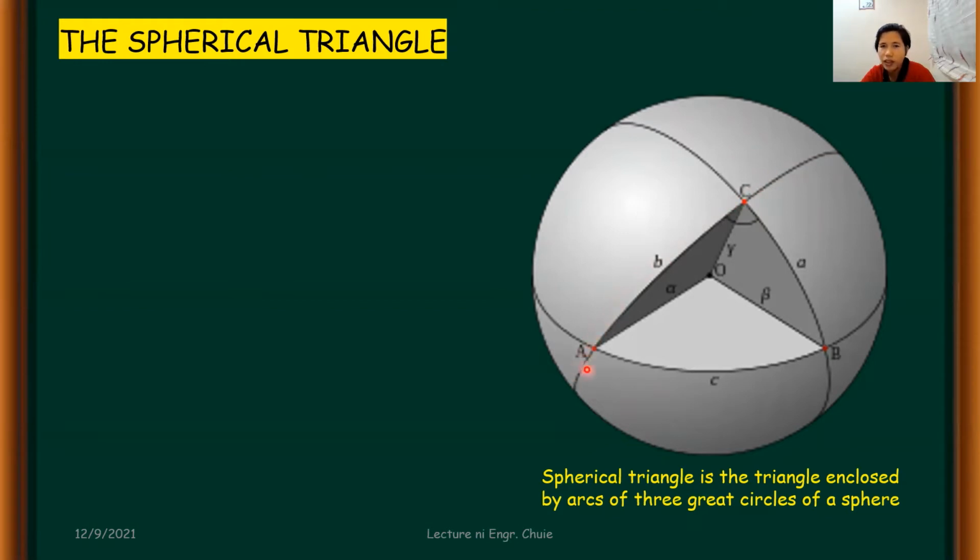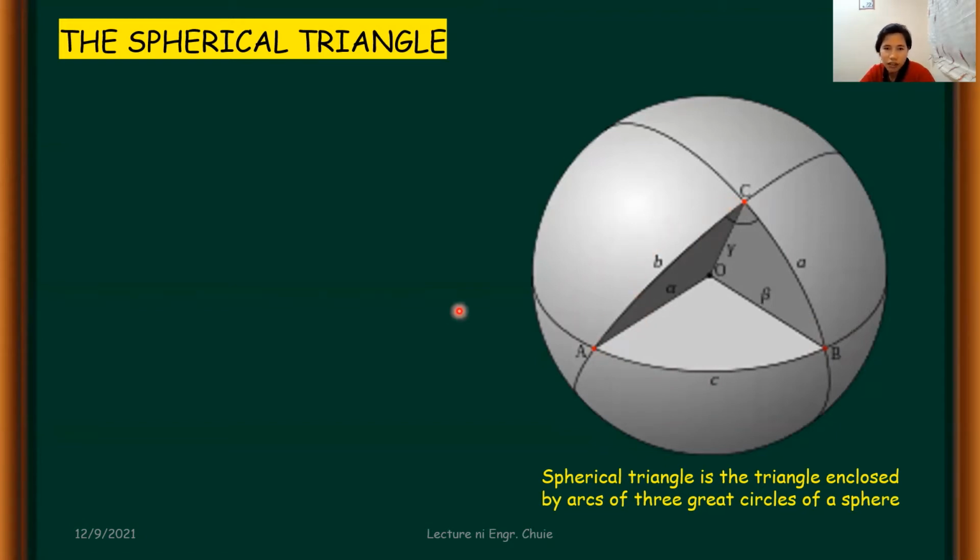This is number one, and another great circle, and then another great circle. So three great circles, and the three circles intersect, forming a triangle. That is now our spherical triangle.